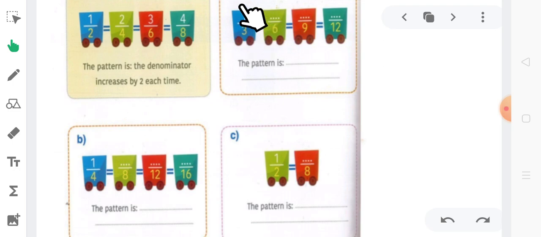Because the first fraction is 1/3. 1 in the top each time and 3 in the bottom each time. So 1 plus another 1 is 2. Again, I will increase 3, then 4. So the denominator increases by 3 each time, and I will increase 1 in the numerator each time.